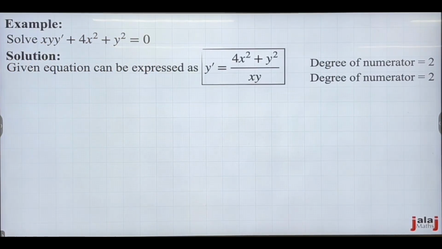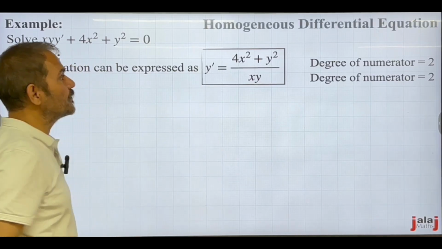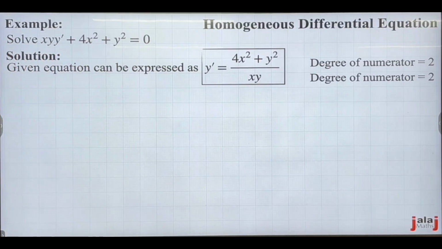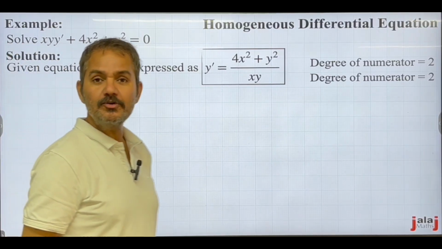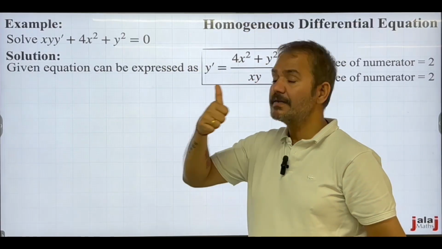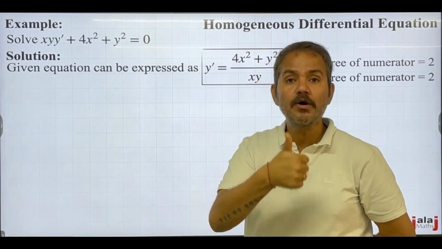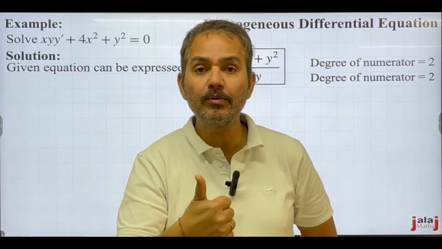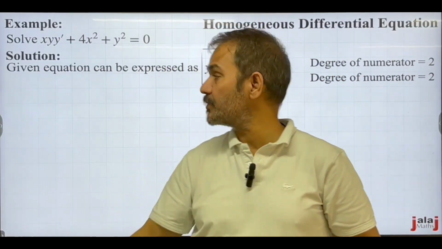So this is an example of a homogeneous differential equation. How do we solve homogeneous differential equations? It's very easy. Number one, identify if your equation is a homogeneous differential equation.